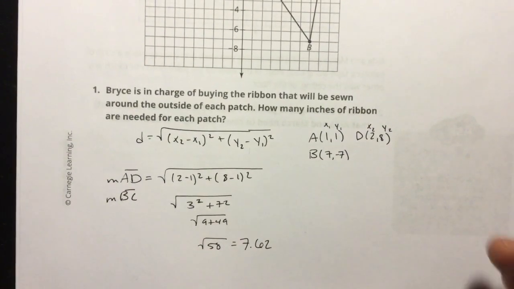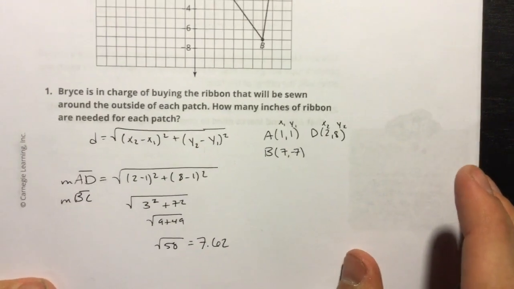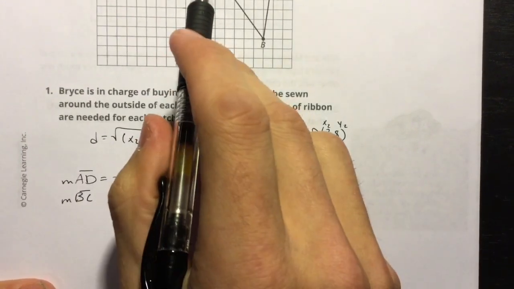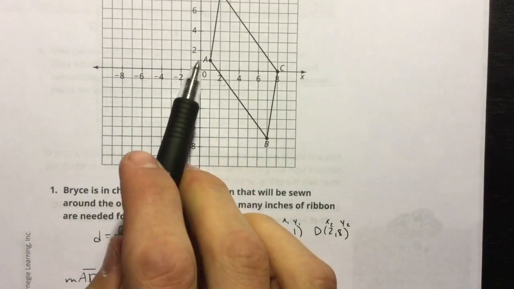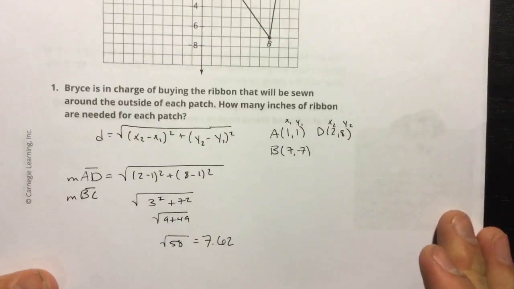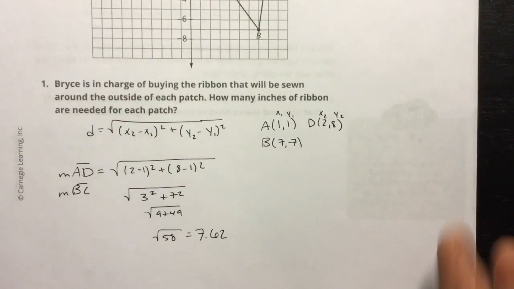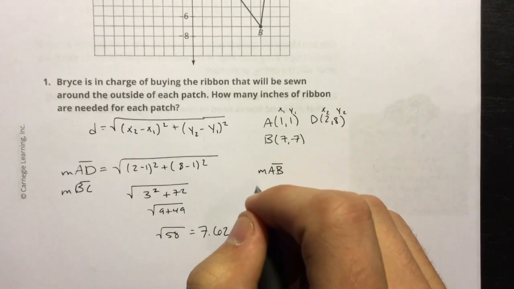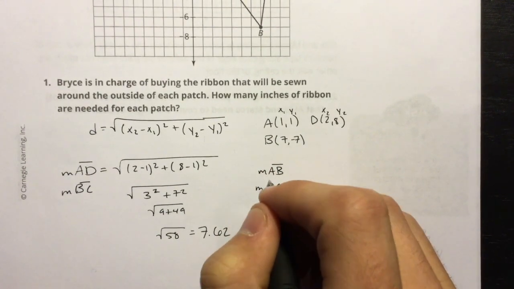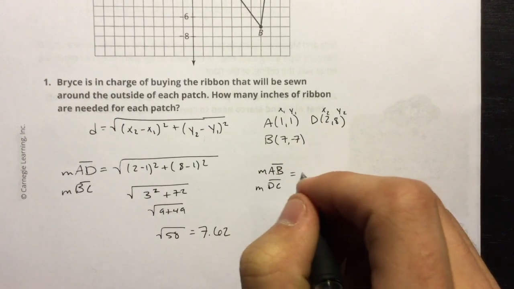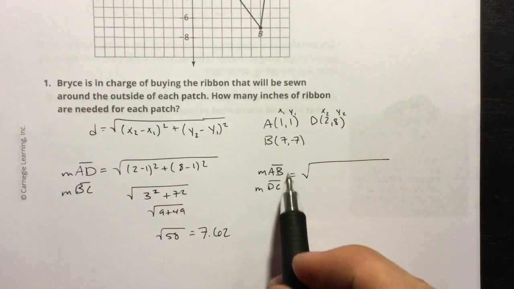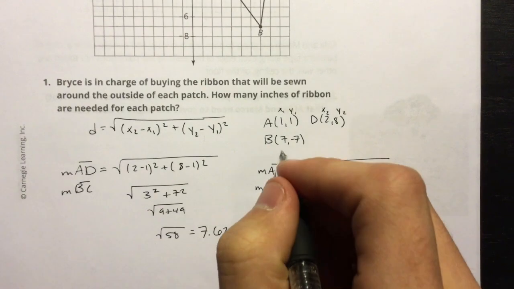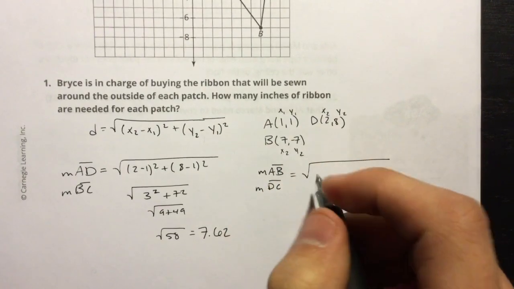Now for the other value that we need, I'm going to do AB right here, and then again we'll double that one. So the measure of AB is also the measure of DC. Because I already have these labeled x1, y1, I'll go x2, y2 here.